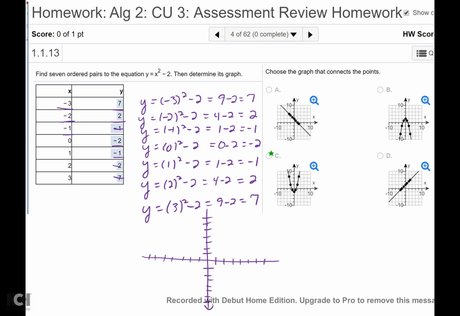Okay, so if I plot this, the ordered pairs would be (-3, 7), (-2, 2), (-1, -1), (0, -2), (1, -1), (2, 2), (3, 7). And if we connect those, there's my parabola.